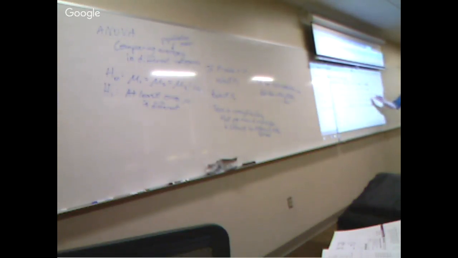Here are my lower and upper limits. I want to make sure that there is a difference between these confidence intervals. And the way I make that decision, I say any upper limit which is less than any lower limit.